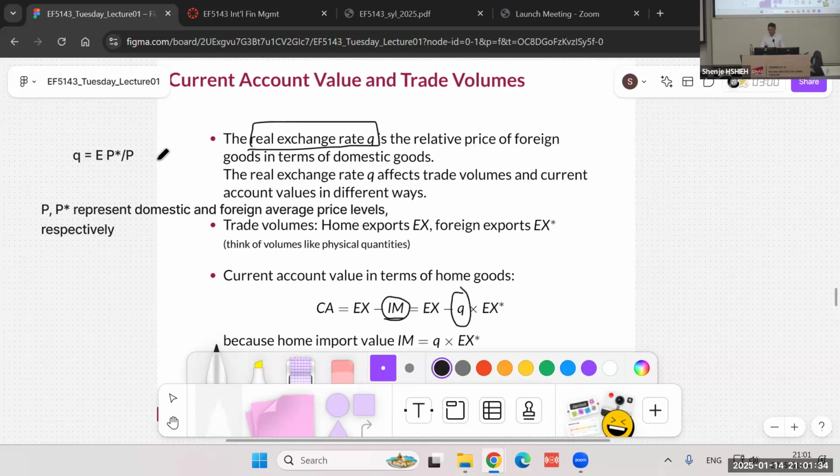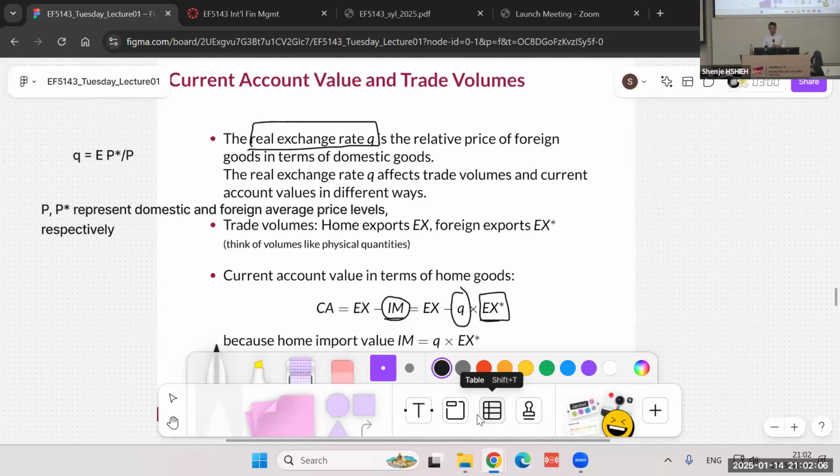Q is a conversion of prices of average goods and services between countries. So what I'm doing is looking at domestic imports, which are priced in local currency, and decomposing them into foreign exports. That's EX star multiplied by the conversion rate, which is the ratio of price levels between those two baskets, foreign and domestic, multiplied by E, the exchange rate.